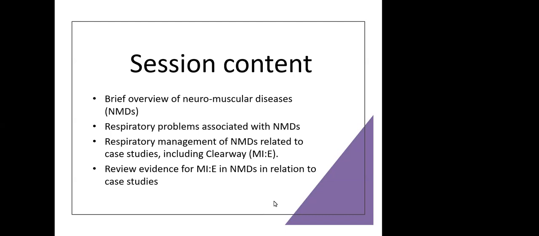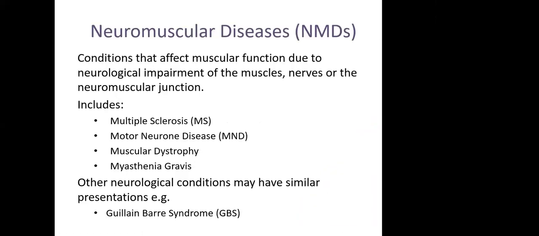Very quickly then, what is a neuromuscular disease? Again, I am by no means an expert on this, and there's plenty of neuro people on the call who will be much better equipped to talk about neuromuscular diseases. Essentially, it's a condition that affects the muscular function due to neurological impairment of the muscles, nerves, or neuromuscular junction.